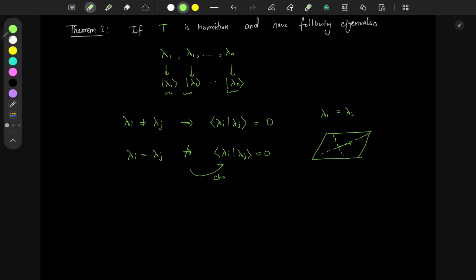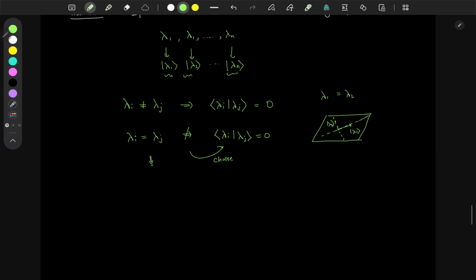You need the entire plane. So you choose two vectors, lambda 1 and lambda 2, and you can choose these vectors to be orthogonal. Basically you can choose these two corresponding vectors to be different.